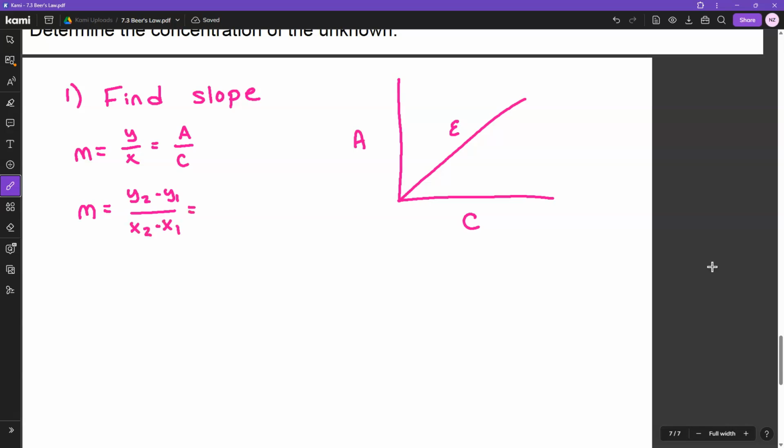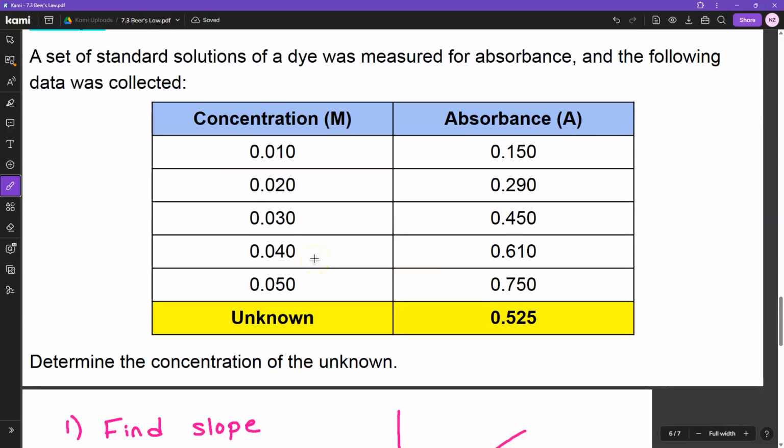So if we substitute in our absorbance and our concentration, it would be A2 minus A1 over C2 minus C1. If we go up to our data table, I can pick really any 2 points because this should be mostly linear. So I'm going to pick my first and my last points.